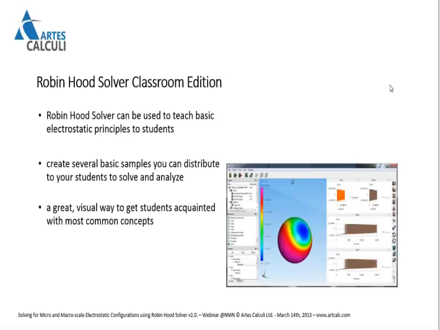From our experience, this is a great way to teach your first year students the basic electrostatic principles, because it is much easier for them to comprehend them when they see them visually than just out of the textbooks. You can in this way get your students acquainted with most common concepts.